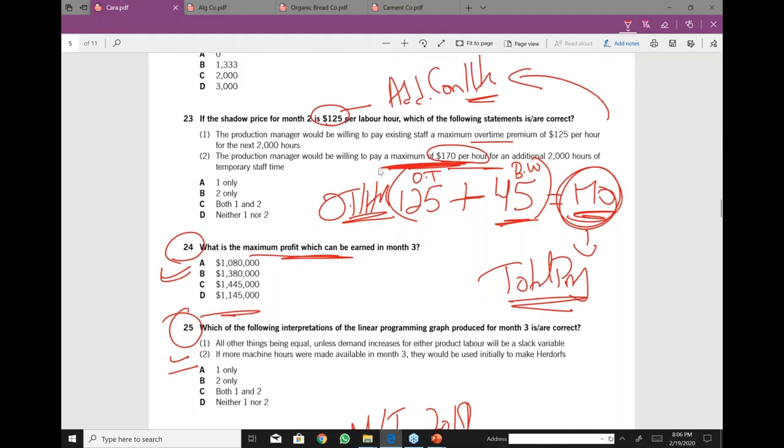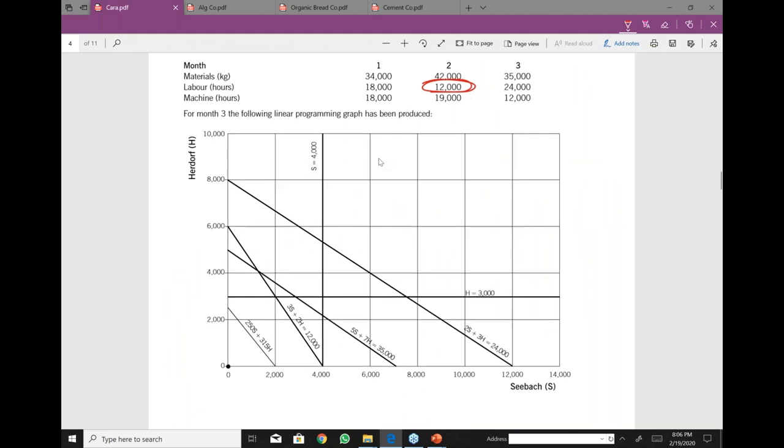So if I quickly move towards my graph here, it says month 3 is a month where there are multiple limiting factors, because whenever you see a linear programming graph, it's clear that there are multiple limiting factors, because linear programming is a technique that you use when there are more than one limiting factors.